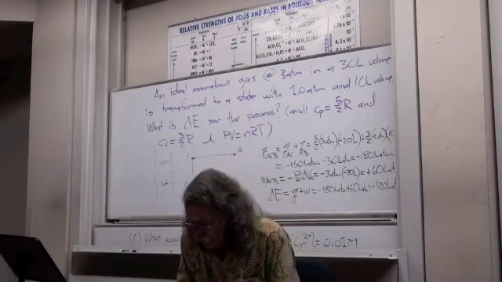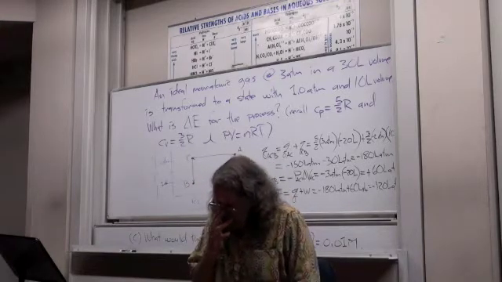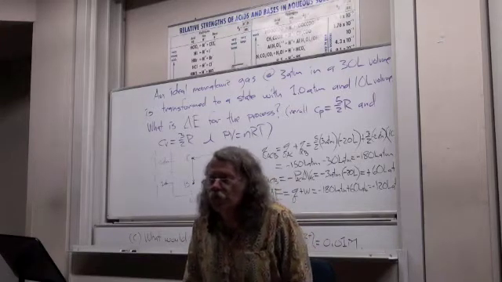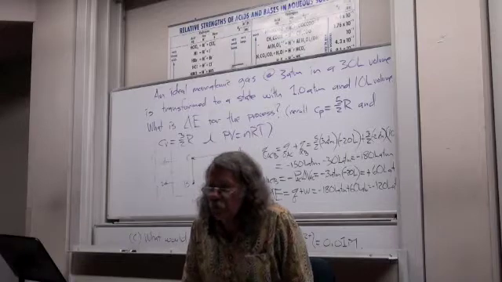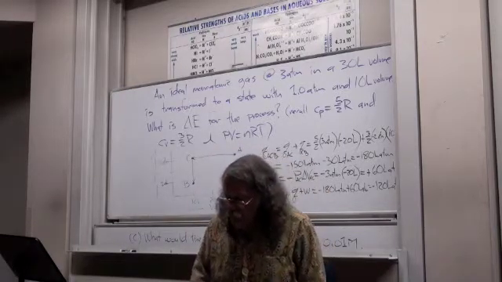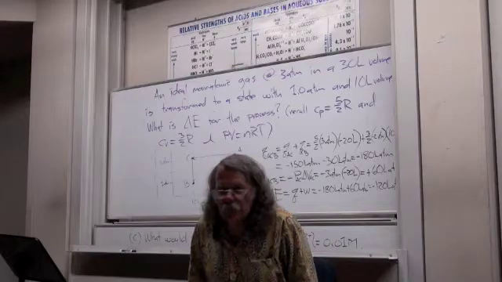Now, B. The rate law for an SN1 mechanism is 0th order in concentration of nucleophile. True. Again, you could look at part A for that, because the nucleophile is not involved in the rate determining step.